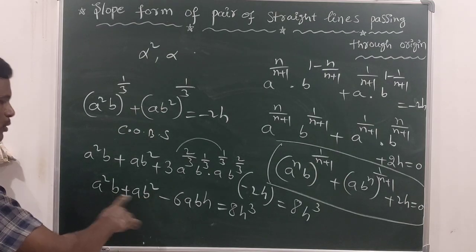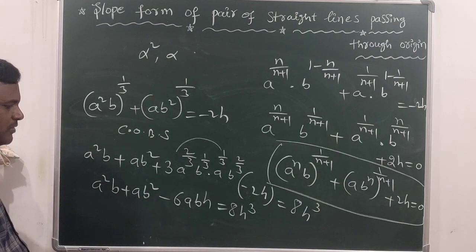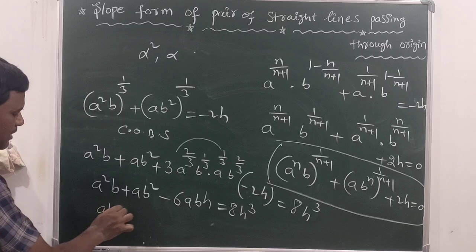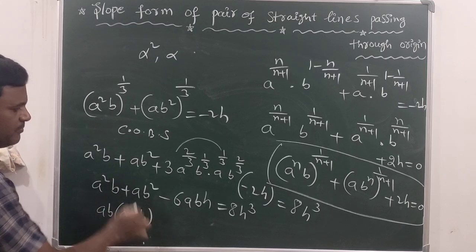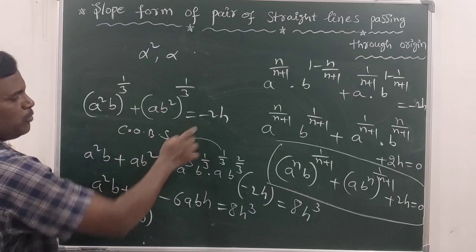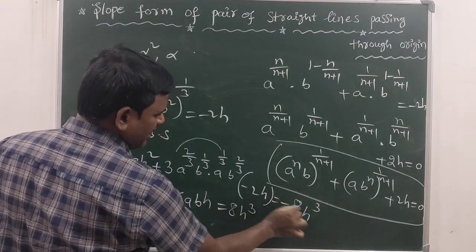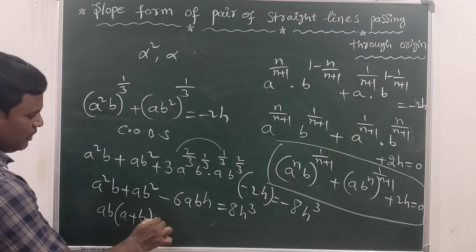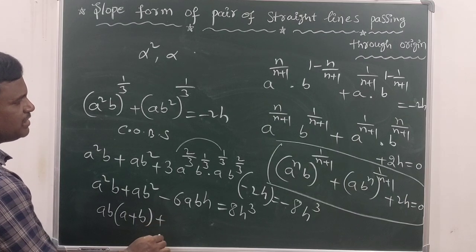Still, if you want to do any simplifications you can; otherwise you can leave it like this. You can send this one to the right side. Here from these two you can take ab common. We took cube on both sides, here minus you will get, minus 8h cube. When you bring minus 8h cube to the left side, you get plus 8h cube.